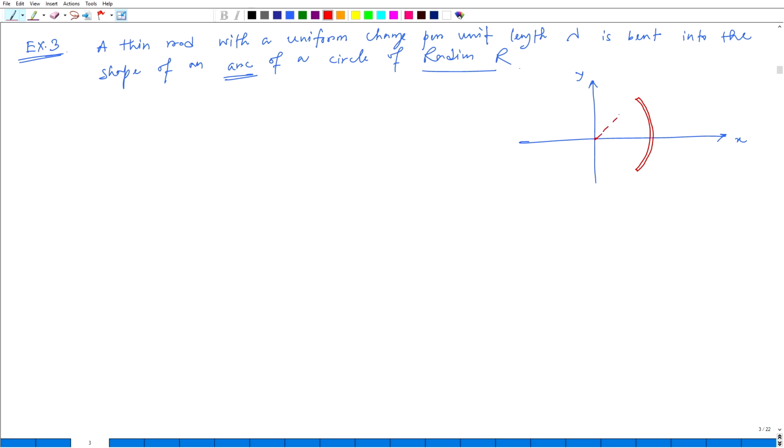That means the end point of the arc makes an angle theta naught from the x axis on this side, and on this side is also theta naught, such that the total angle is 2 theta naught, symmetric about the x axis.